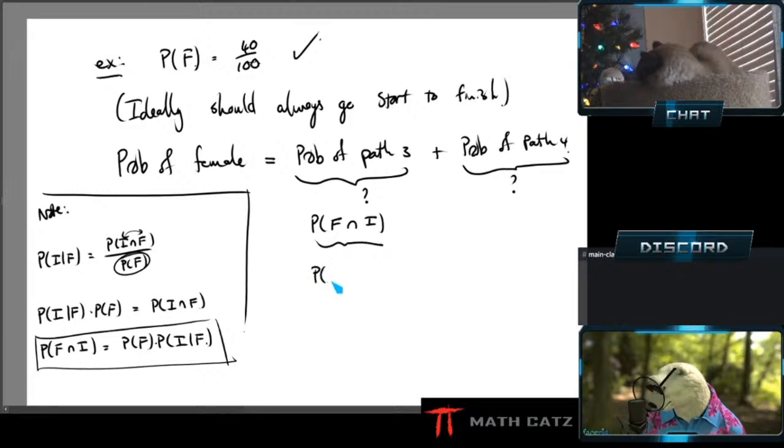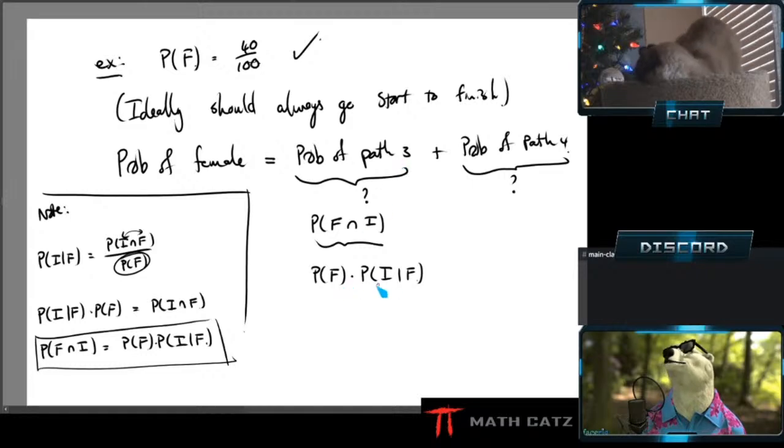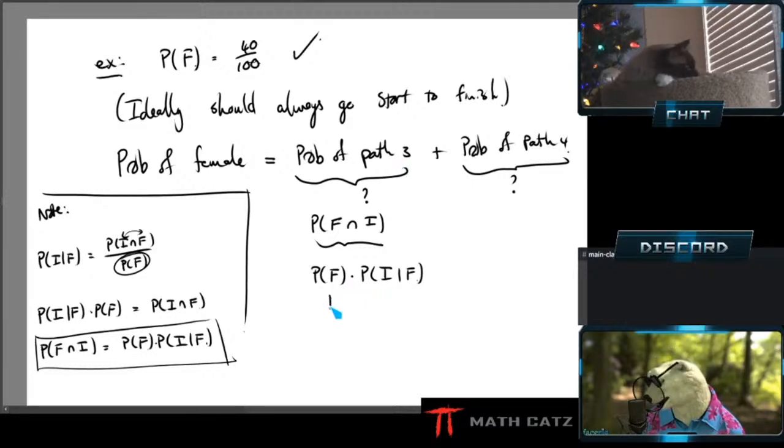This is going to be much clearer once I go to the tree, just give me a second. Writing this alternative version of the formula for conditional probability, it says I can find this intersection, which is the probability of path 3, by multiplying these two. But these two are the ones on the tree.